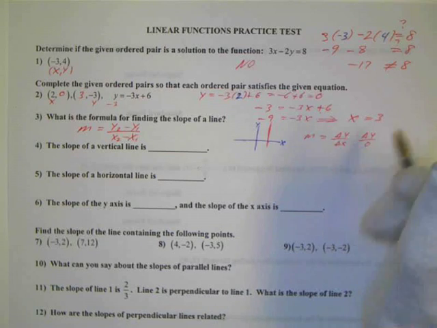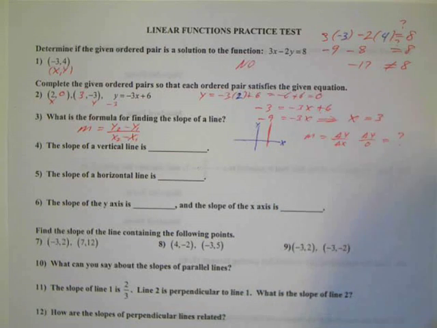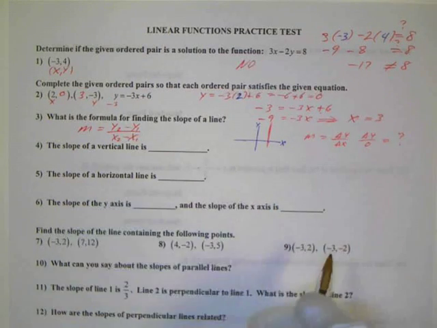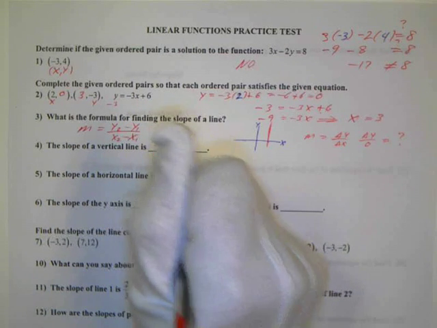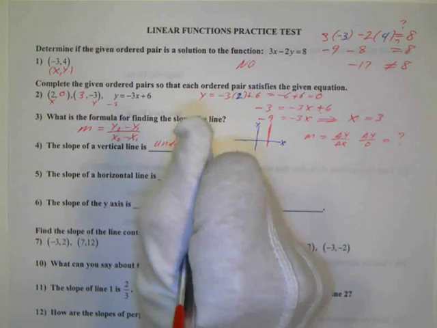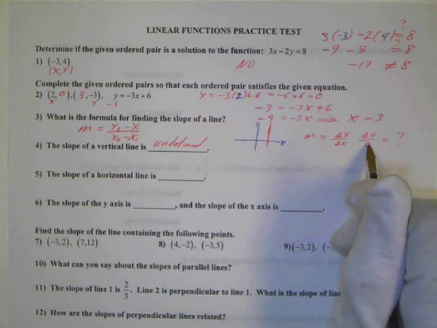If we have 0 in the denominator, this is undefined. We don't know what that is. So the slope of a vertical line, we say, is undefined. Undefined. Okay, because we have 0 in the denominator.